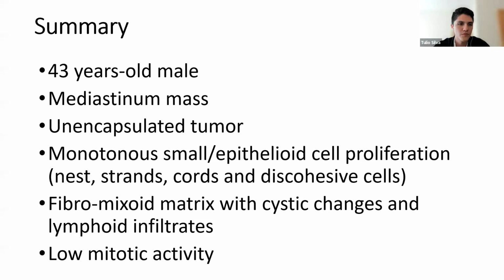Summarizing, it was a 43-year-old male with a mediastinal mass showing an unencapsulated tumor with a proliferation of monotonous small to epithelial cells, arranged in nests, strands, cords, and discohesive cells in a fibromixed matrix with cystic changes and lymphoid infiltrates, with low mitotic activity.